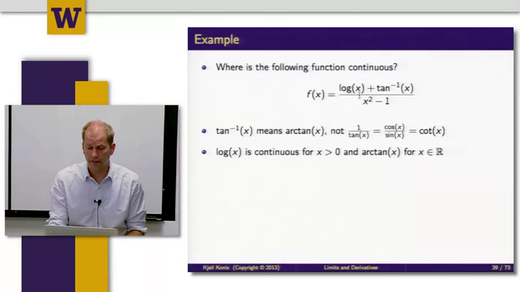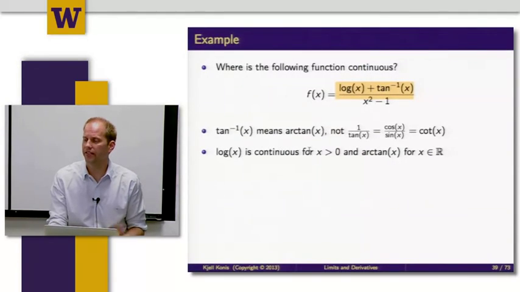So I'm first going to look at the numerator here. So I have log of x. That's going to be continuous on its domain, because log is a logarithmic function, and its domain is x greater than 0. And arctan of x is going to be continuous for any x in the real numbers.